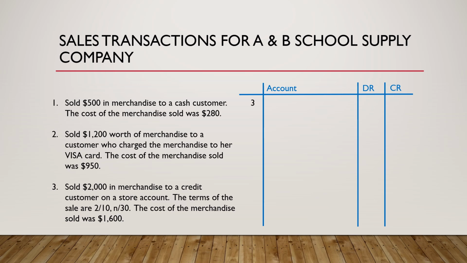Here we have a credit sale with an early payment discount. The entry will consist of a debit to AR and a credit to sales revenue for $2,000. Next entry, expense the inventory off the books with a debit to CGS and a credit to merchandise inventory for $1,600.